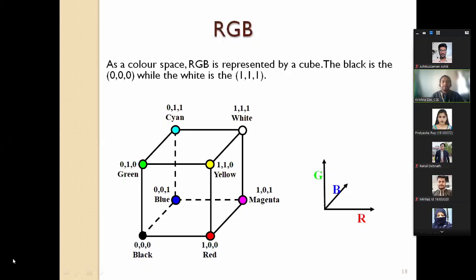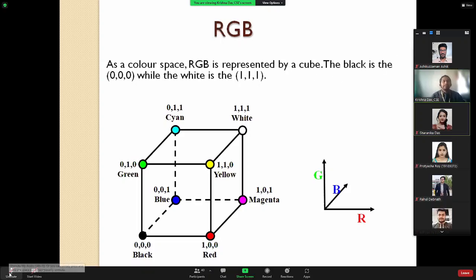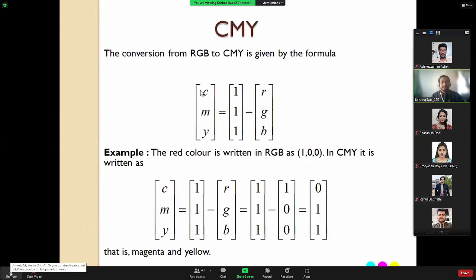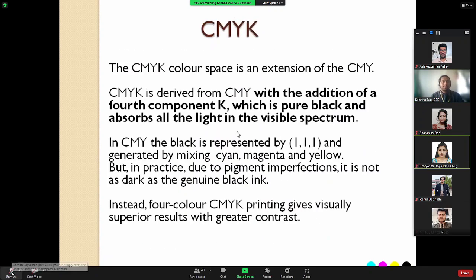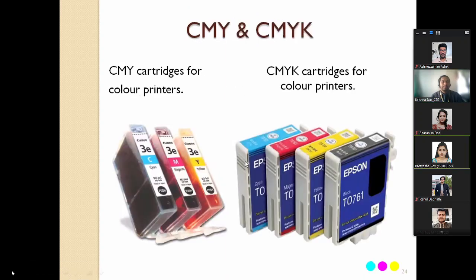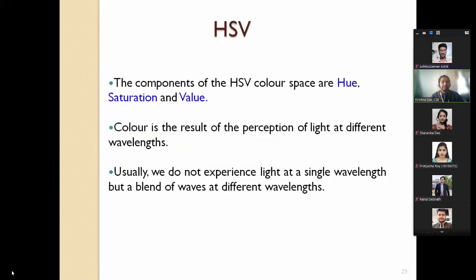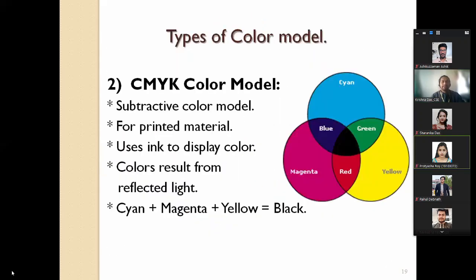And did you discuss the conversion from RGB to CMY? Yes, sir. So we have discussed this one as well, right? Okay, that's good. CMYK, why do we have an extra K? Yes, sir, it was also discussed. Then only the HSV model is left, maybe, right? Yes, sir. Okay, that's good.